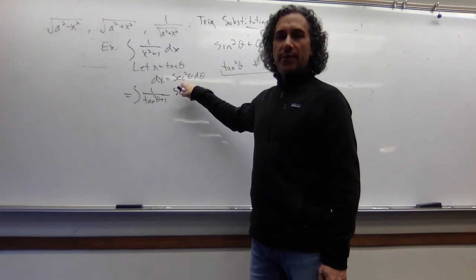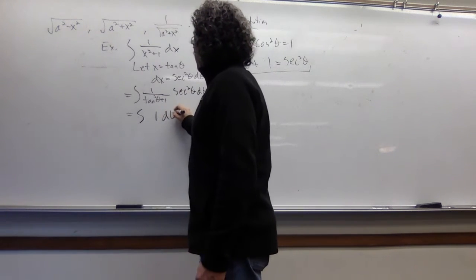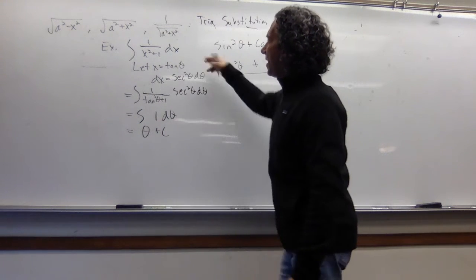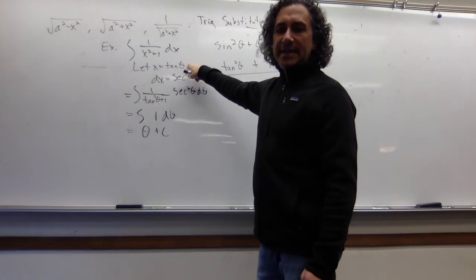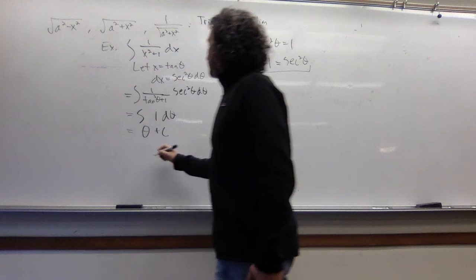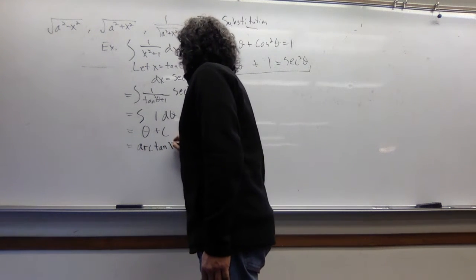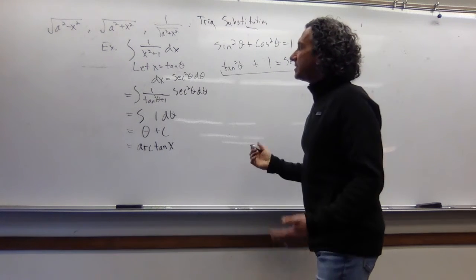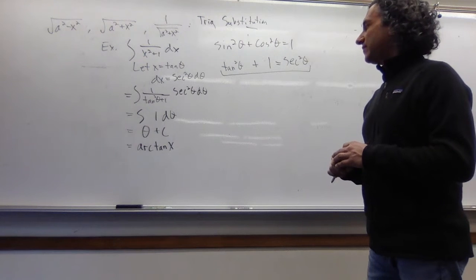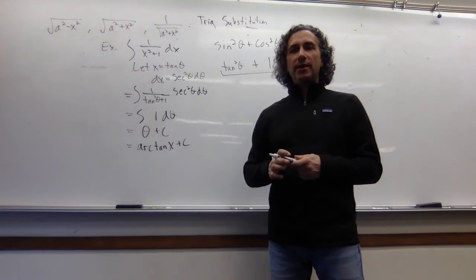So we have secant squared theta over secant squared theta, so we have the integral of 1 d theta, which is theta plus c. Going back here, we see that x is tangent of theta. So arctan of x is theta, because tangent and arctangent are inverse functions, and we get arctangent of x, which is what we thought we would.